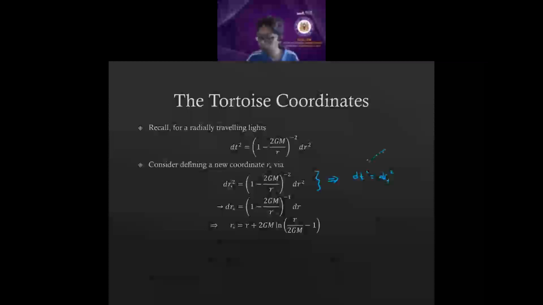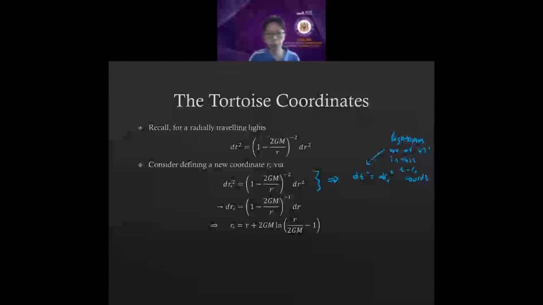Right, so light cones are at 45 degrees in this dr star coordinate system. So this COORDS is a shorthand for coordinates.